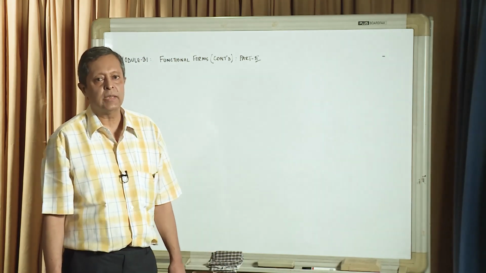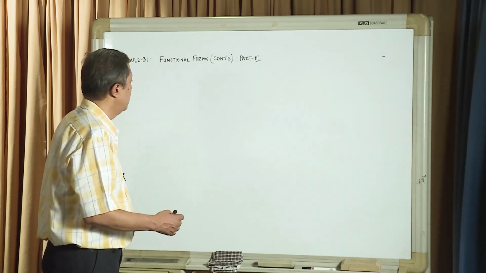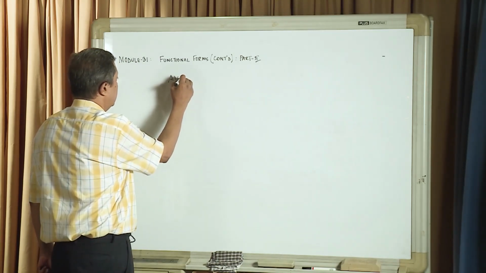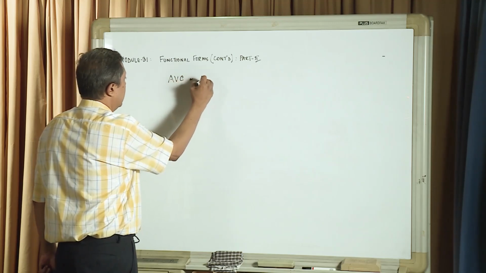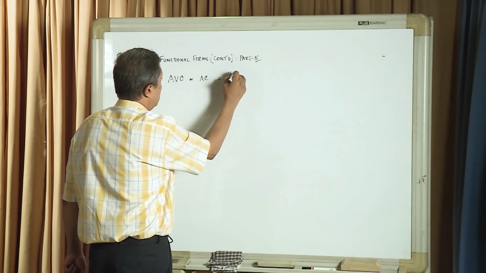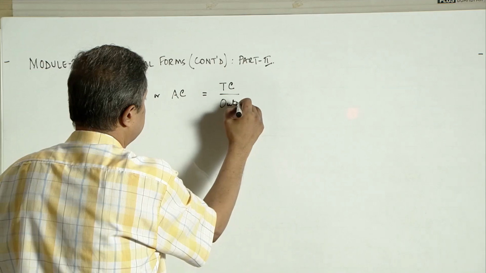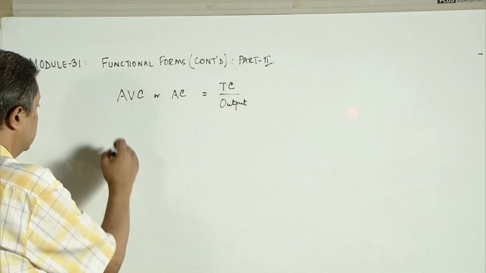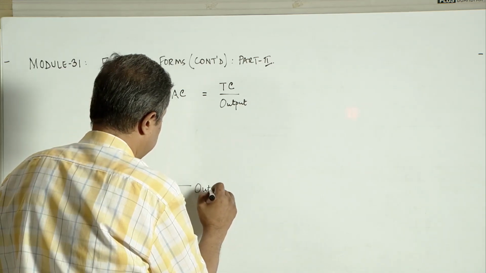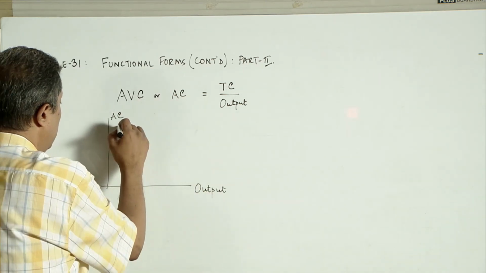We begin with the concept of average variable cost. So, average variable cost, AVC or average cost, is defined as total cost by output, and a typical average cost curve is U-shaped.